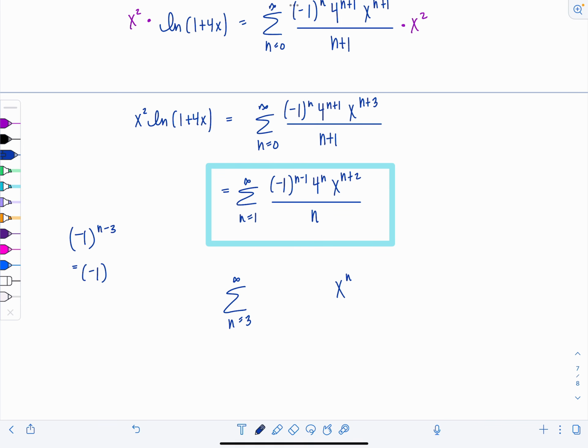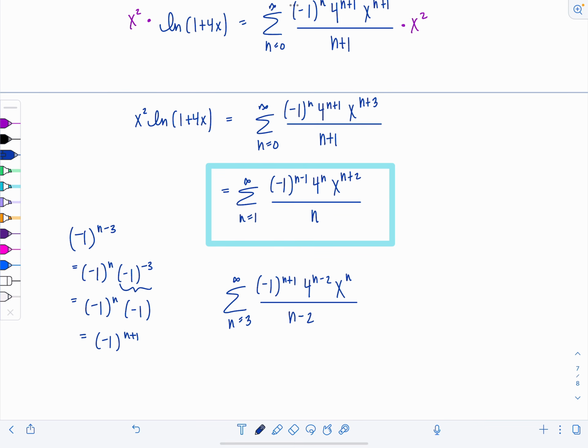That's (-1)^n times (-1) to the negative third, which is still just negative 1, right? So you could write it as (-1)^(n+1) or n minus 1. It doesn't matter. Then 4 would be to the n minus 2, and the denominator would be n minus 2. I don't think that looks better.